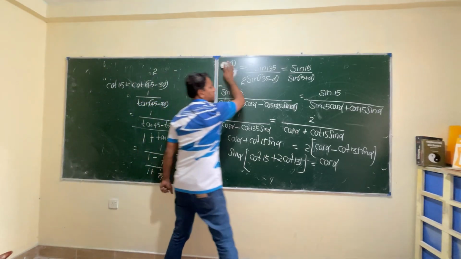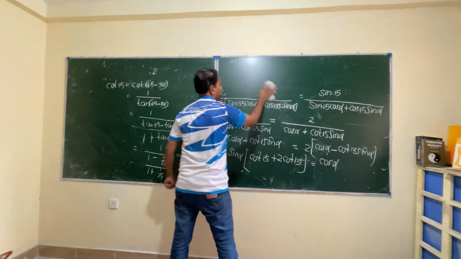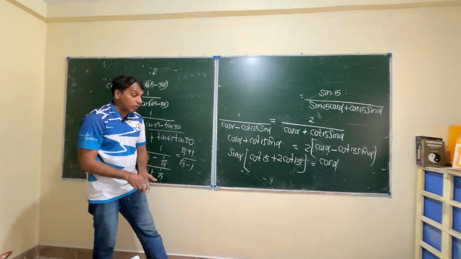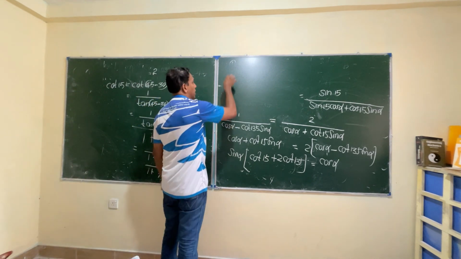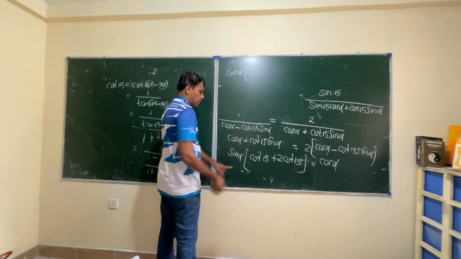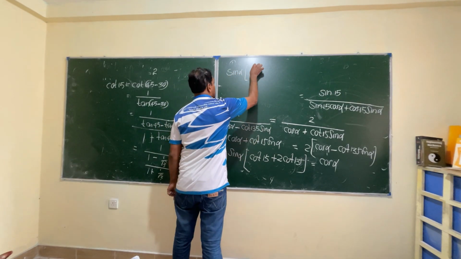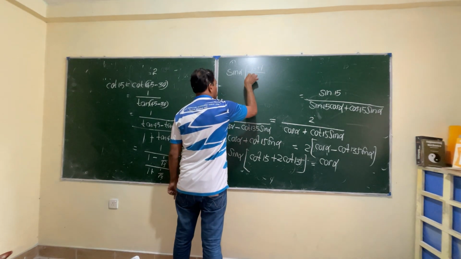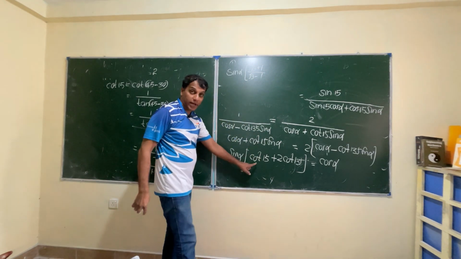Okay, I show here the final stage. My target is to avoid directly applying the 15 degree surd form. So sin alpha into cot 15 degrees, root 3 plus 1 over root 3 minus 1, right?